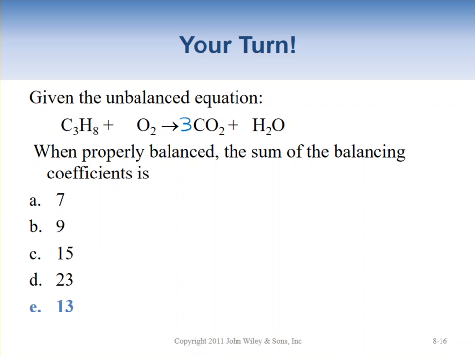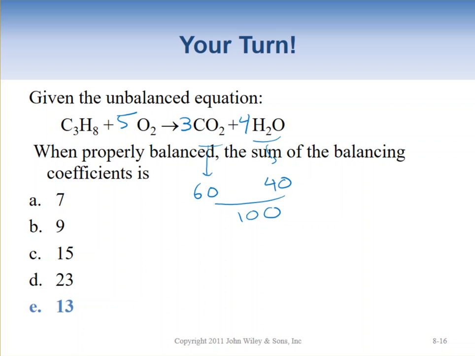To balance the hydrogens, we have 8 hydrogen from C3H8, so you're going to have to have 4 water. And then for the oxygens, you have 6 oxygen from carbon dioxide, 4 oxygen from water. That's a total of 10 oxygens. So we're going to need 5 oxygen gases on the reactant side.